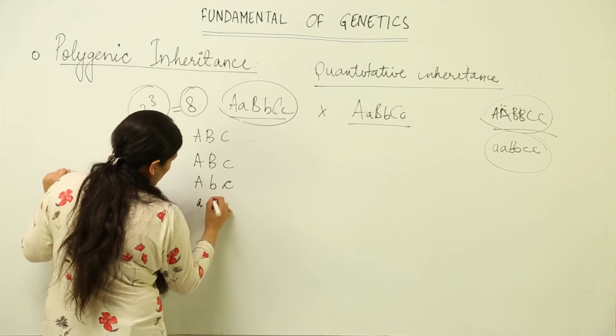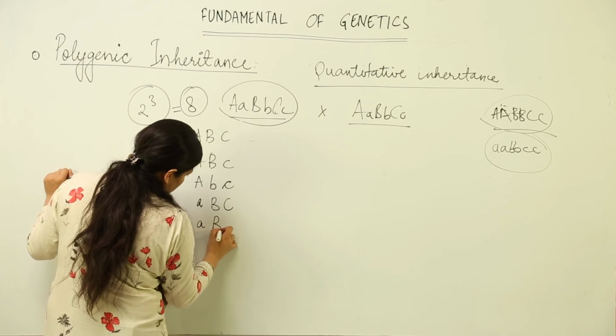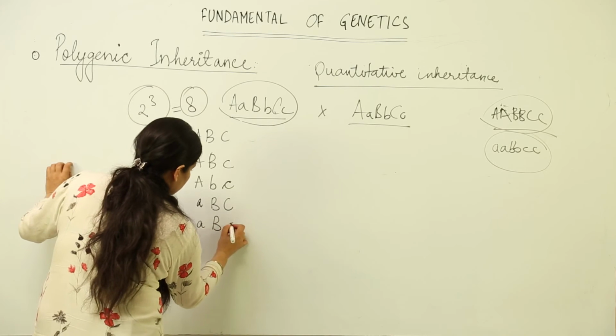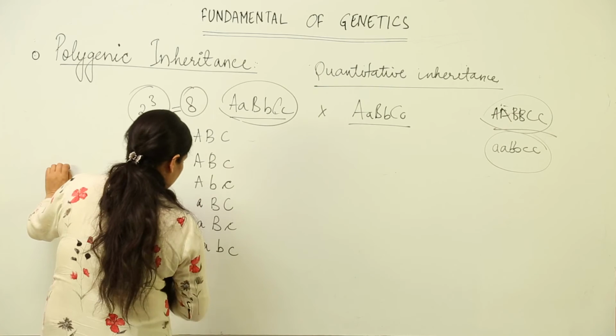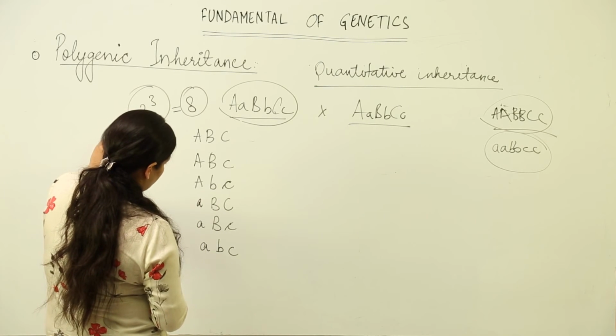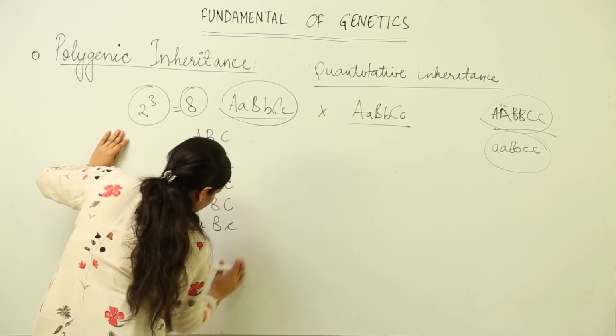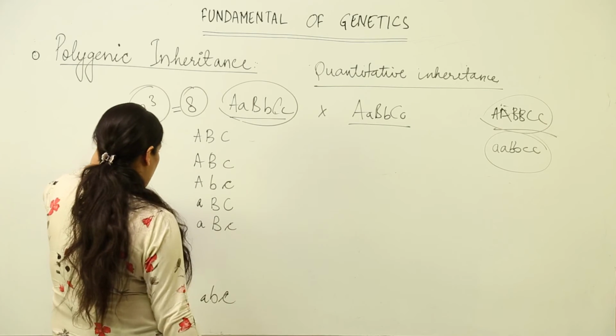Now we put the small. Again we have this. Then we have small like this, and the next one would be like this. Now what are we left with? Any possibility, any probability you see we are left with? Let me put this small one as the last condition where all are recessive.